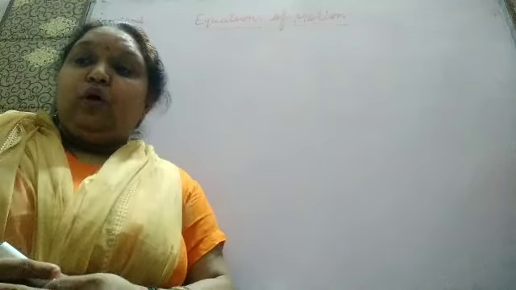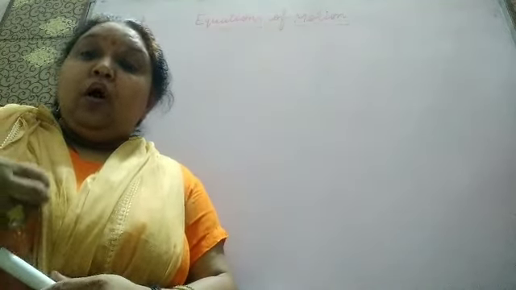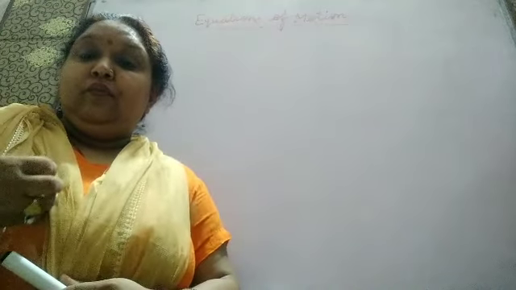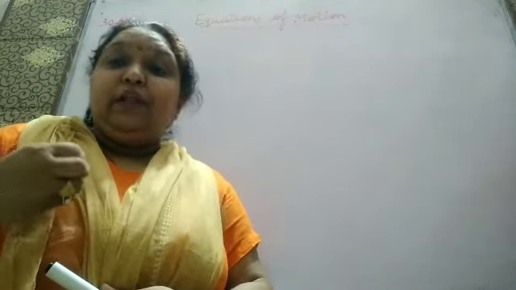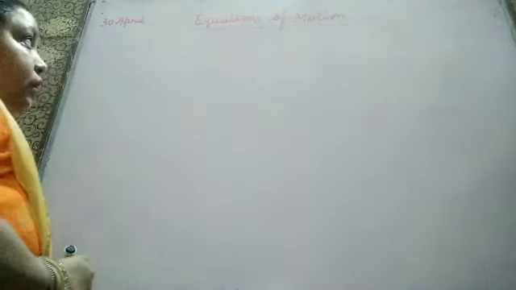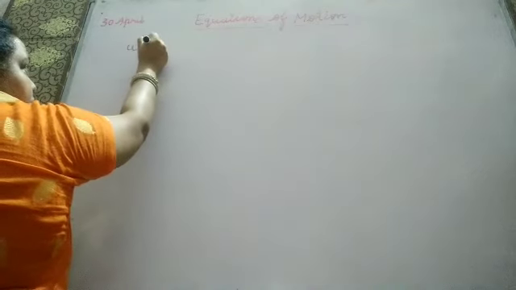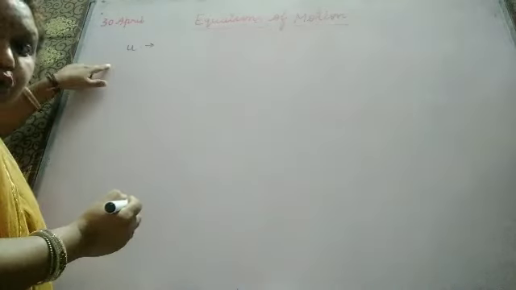So first of all, before starting this, you should know how to draw a graph, okay, and the terms related to this graph. The first term which you are going to use is small u.